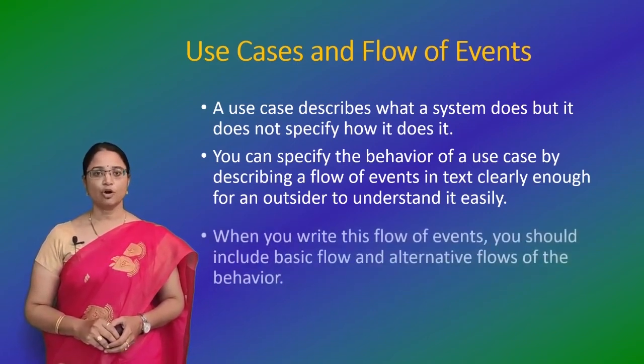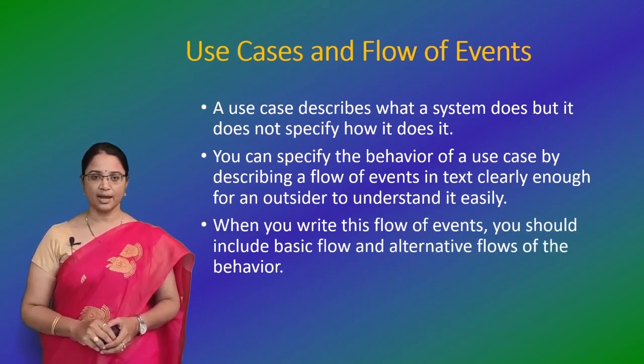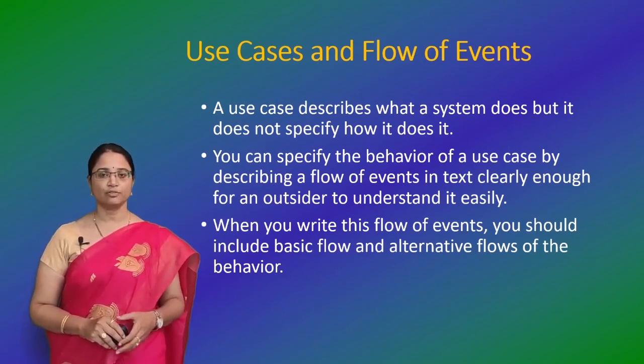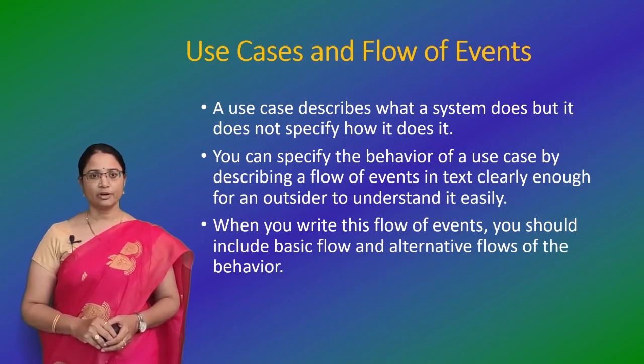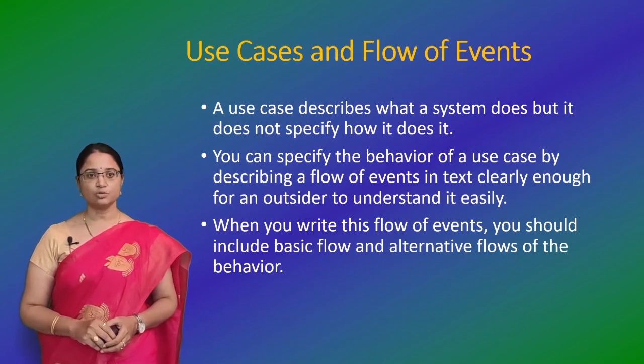When you write this flow of events, you should include how and when the use case starts and ends, when the use case interacts with the actors and what objects are exchanged, and the basic flow and alternative flows of the behavior. For example, in the context of an ATM system, you might describe the use case validate user in the following ways.